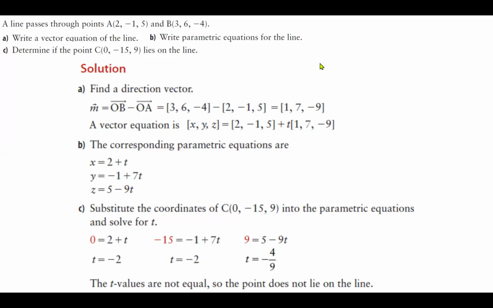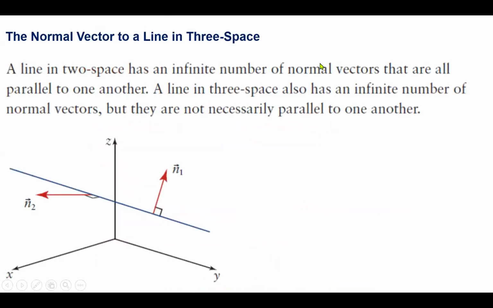If not, let's have a look at the concept of the normal vector to a line in three-dimensional space. Okay, a line in two space has an infinite number of normal vectors that are all parallel to one another, right? A line in three space also has an infinite number of normal vectors, but in this case, they are not necessarily parallel to one another.